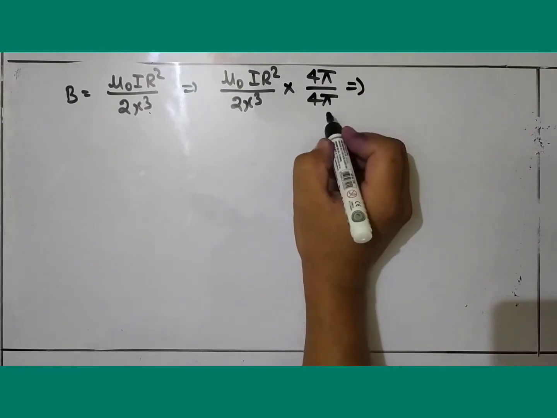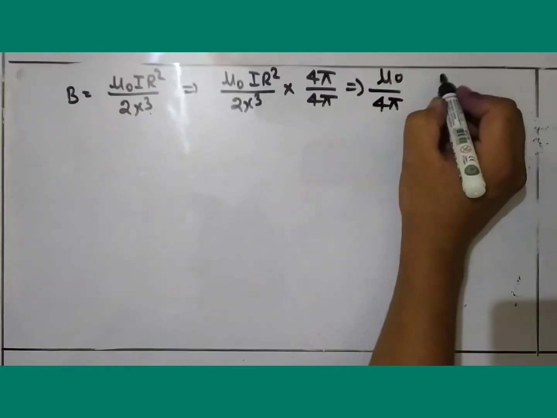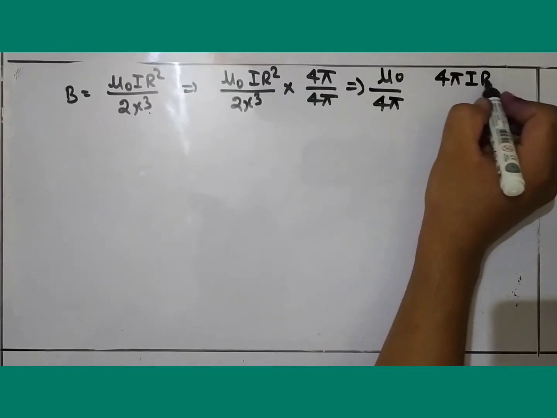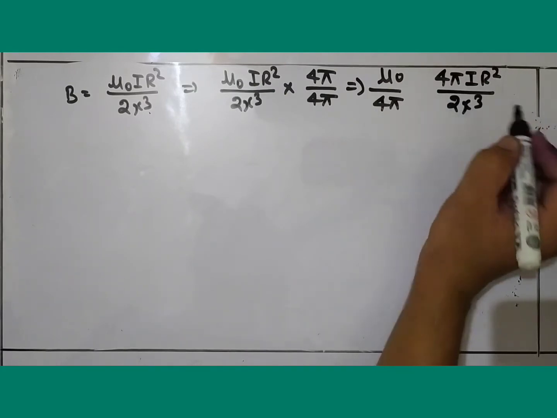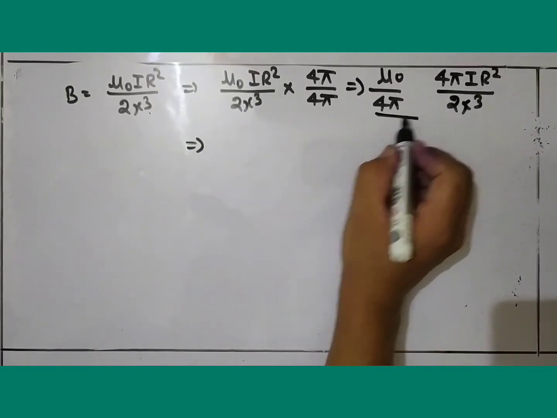So on rearrangement we can write it as mu naught over 4 pi multiplied by 4 pi I R square over 2x cube.